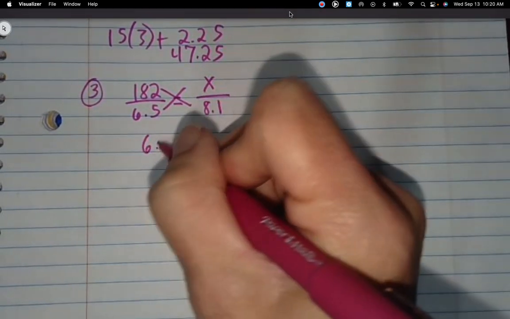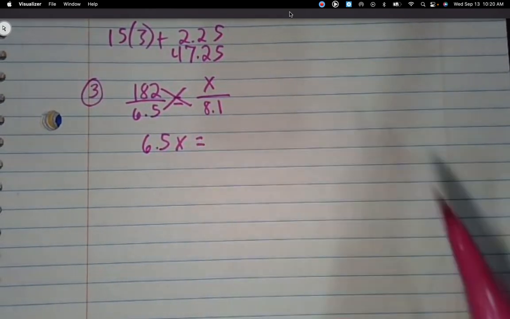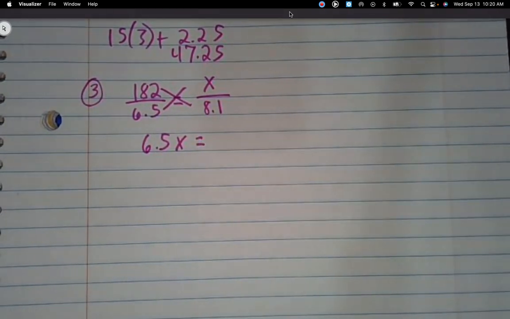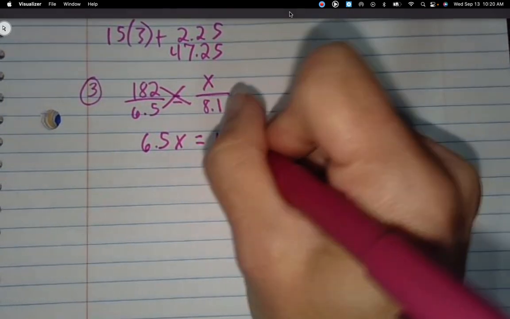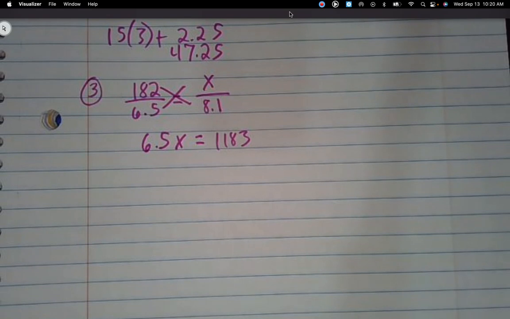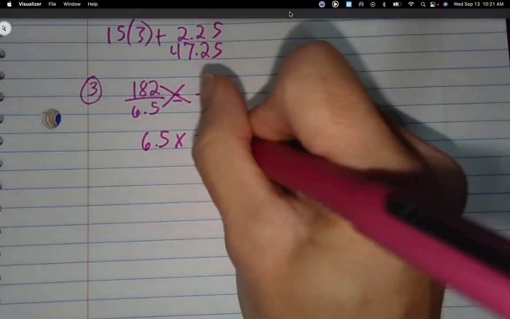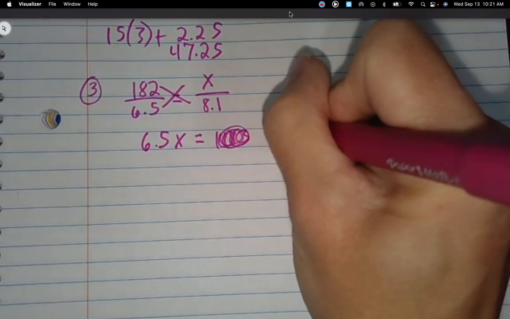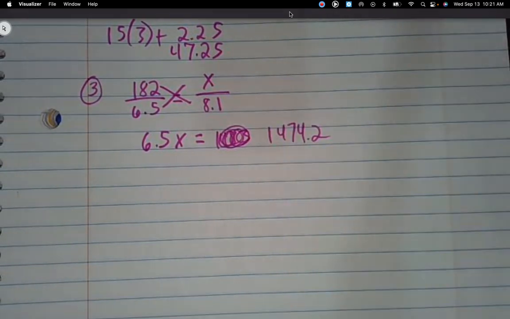So I get 6.5x equals... I'm going to need my calculator on that. 1,183. That's what Jayden tells us. That's not right? We're not done yet. Hold on. Yeah, it's 1474.2.